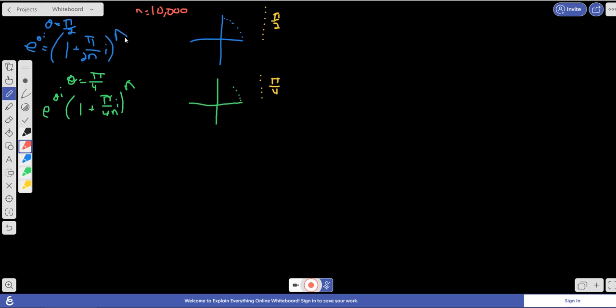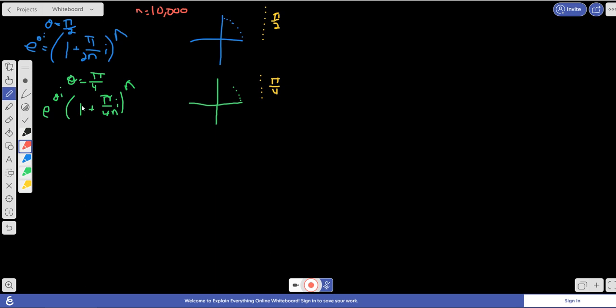Each of those increments is going to go up pi over 2 over 10,000, and it's going to do that 10,000 times. So again, simple multiplication, and you're going to go up a distance of pi over 2. On a circle, that would be pi over 2 radians. It's going to get you 90 degrees.